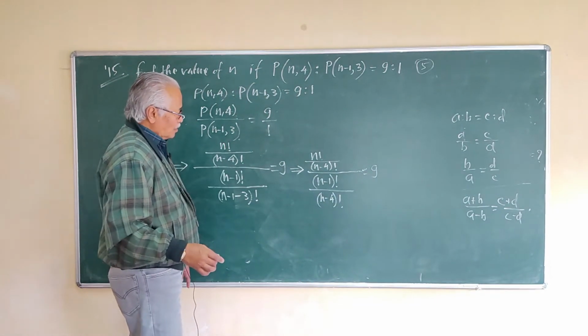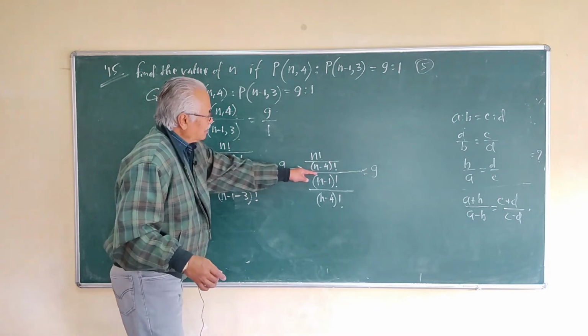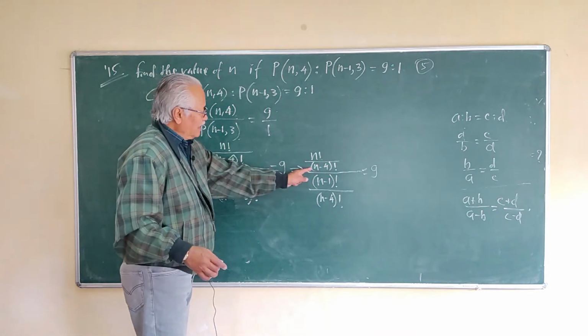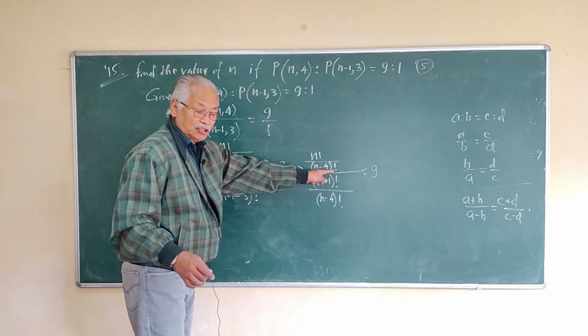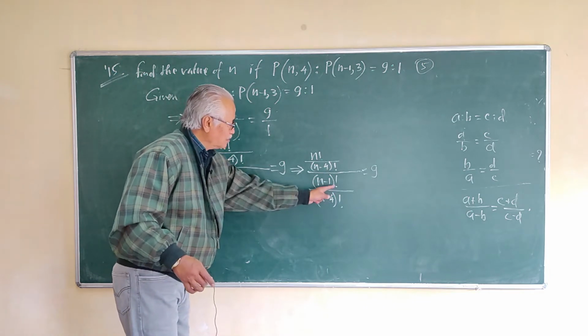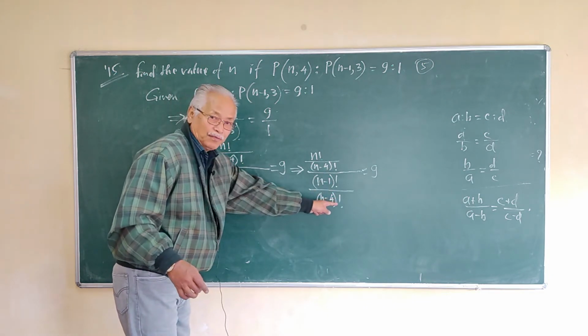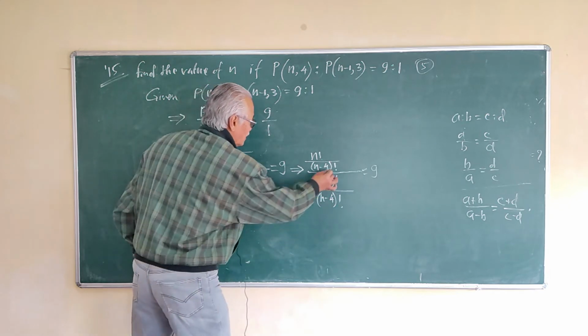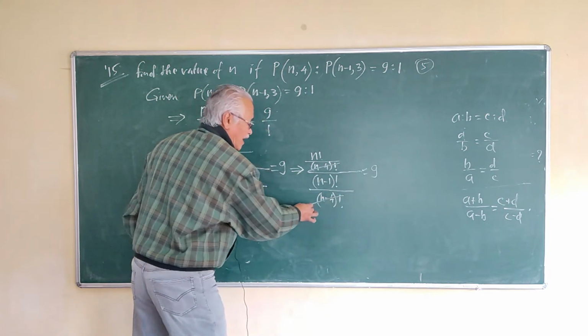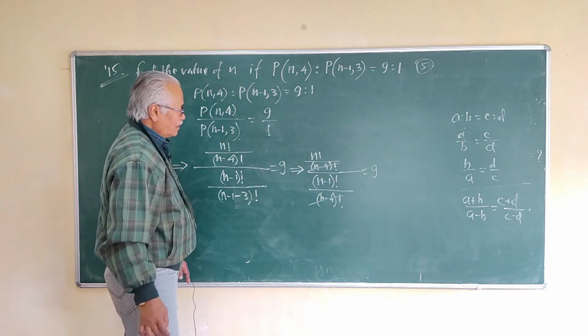Here in the upper fraction you've got n minus 4 factorial in the denominator. In the lower fraction also you've got n minus 4 factorial in the denominator. So that can be cancelled away. I hope all of you know that.